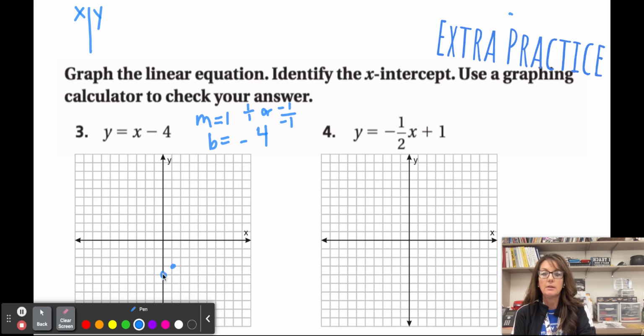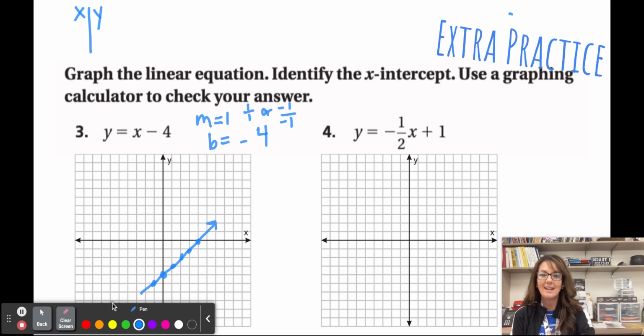And then alternately, we could do the down 1 and back 1, because look how they would both go in the negative direction. So I'm going to continue this with filling in the dots until I can get to the x-axis, because otherwise I might not be able to make my straight line. So I'm going to continue the pattern, up 1 over 1, up 1 over 1, and then I can easily see where it's crossing x.